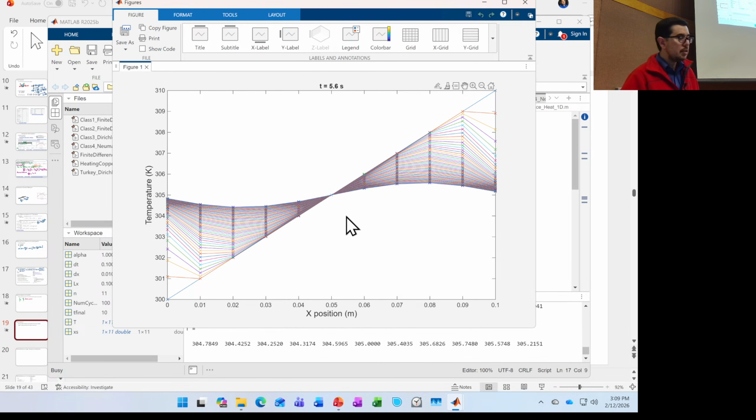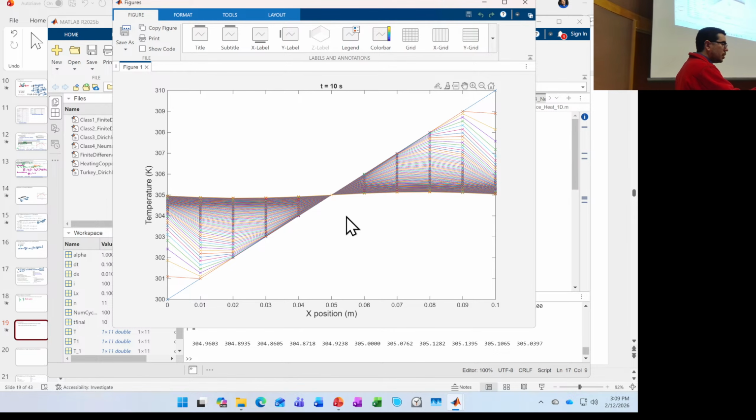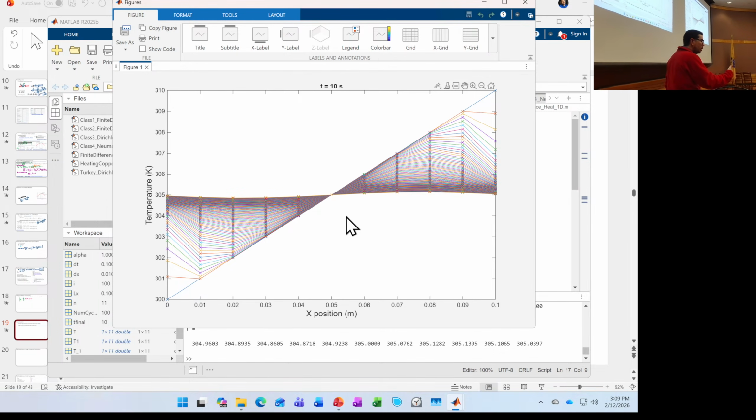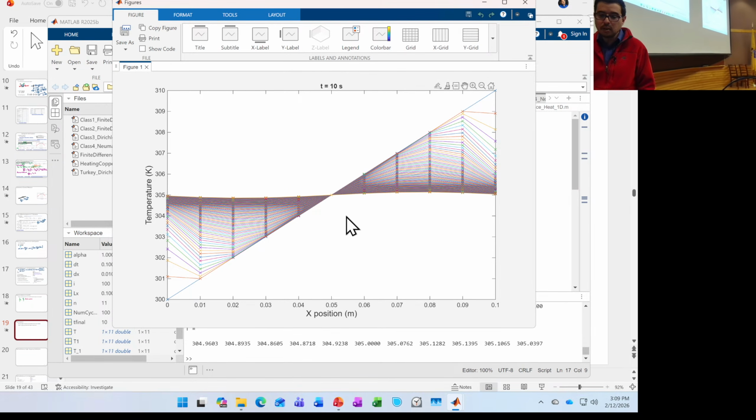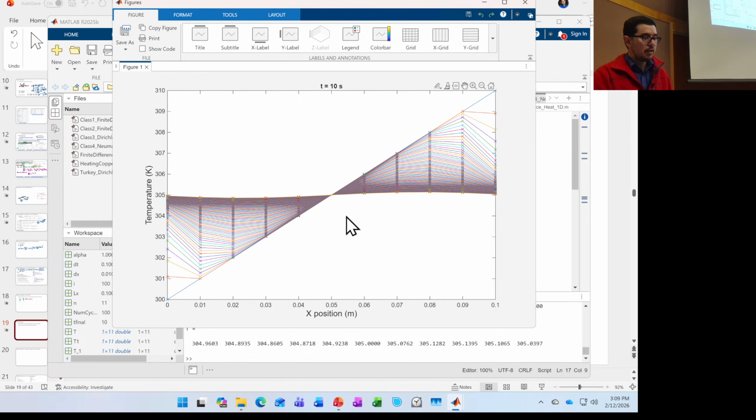As time progresses, as it marches in time, remember the heat equation has a time component to it as well, right? It has a dt. We said it was delta t times the alpha times the central difference. So this thing is marching along and running its calculations as you see here.